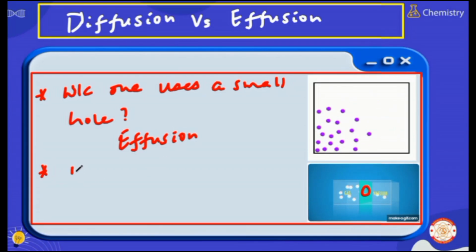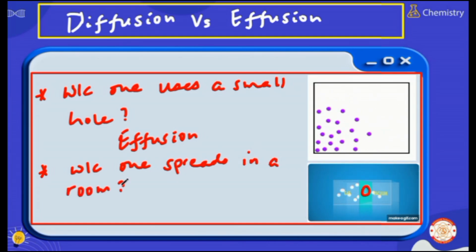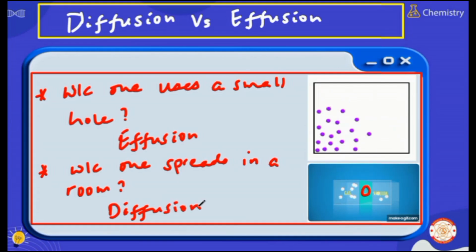And which one spreads in a room? Diffusion, right? Diffusion spreads in air. So it is diffusion.